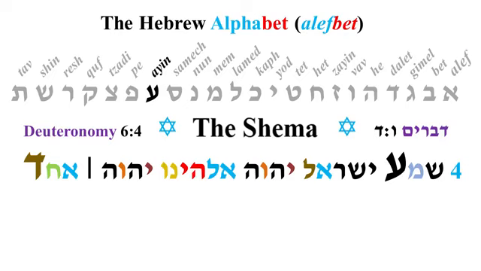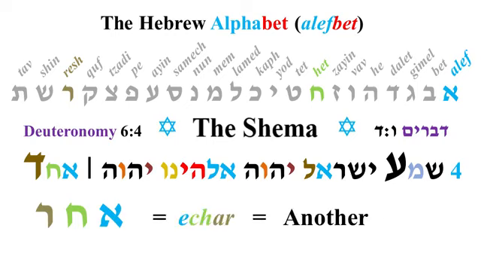And at the end of the verse, he has the word echad, aleph, chet, dalet. And he doesn't want you making the mistake of thinking that when you see it, that dalet is a resh. So echad is aleph, chet, dalet. He doesn't want you to confuse it with a resh because that spells echar, another.